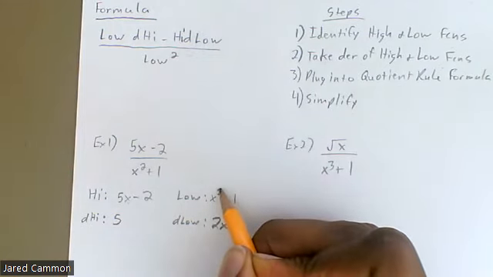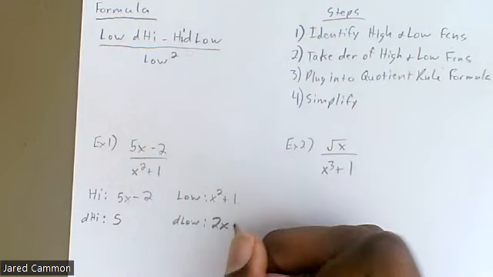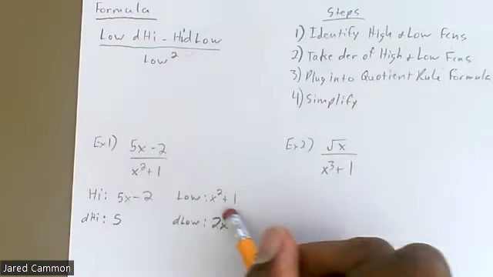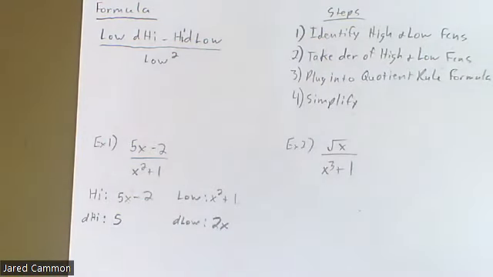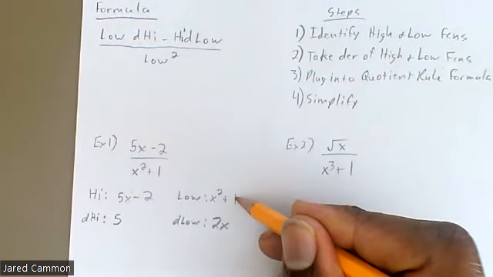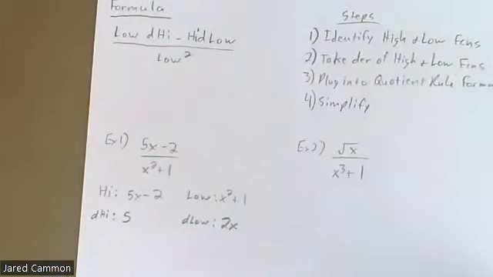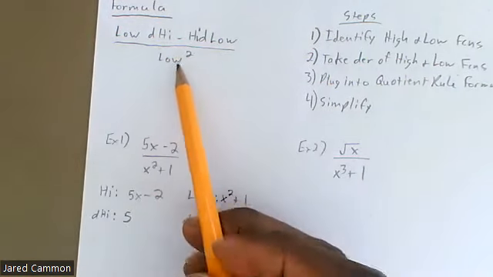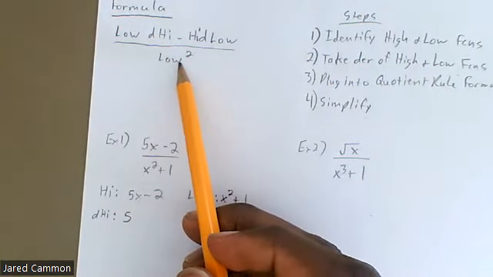And when you take the 2 and subtract 1, you just have 1. So you can say 2x to the 1, or you don't have to put it there. It's understood that it's 1 if there's nothing there. Okay. Again, the derivative of a constant is 0. All right. So now you have your high, your low, your derivative of the high, and the derivative of the low. You just have to plug that in here and simplify.